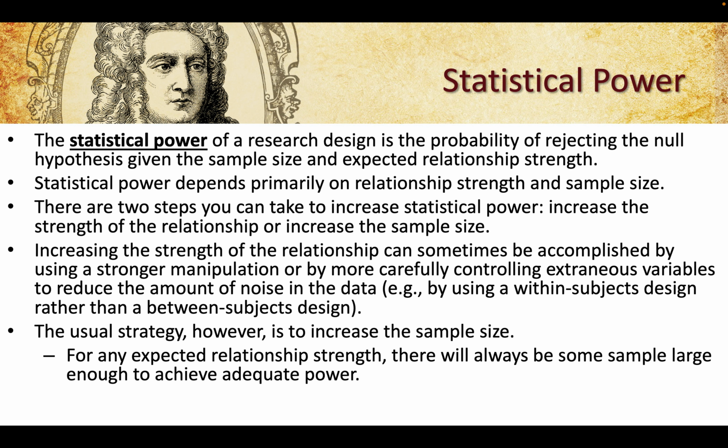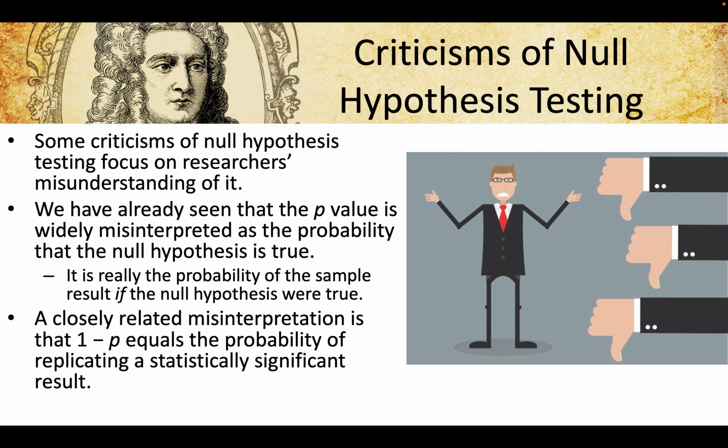The usual strategy, however, is to increase the sample size. For any expected relationship strength, there will always be some sample large enough to achieve adequate power. So you just test more people. Some criticisms of null hypothesis testing focus on researchers' misunderstanding of it.